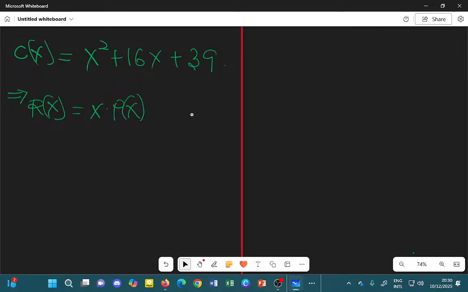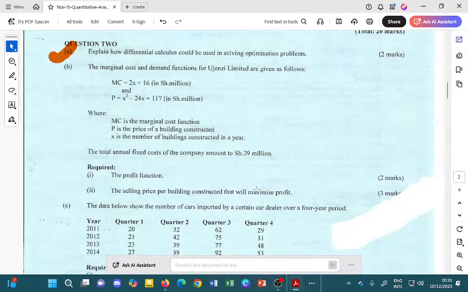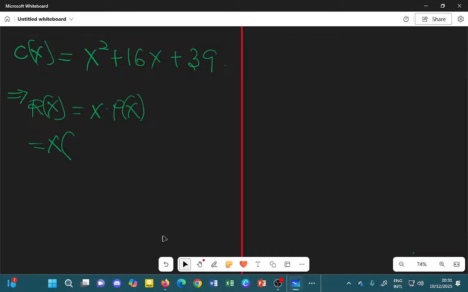So this should give me x times, we had been given the expression for price as x squared minus 24x plus 117. So we come and bring it there.